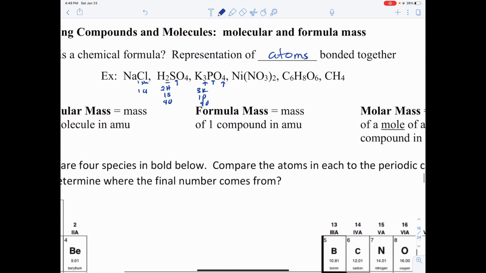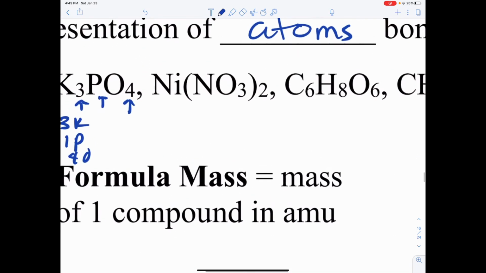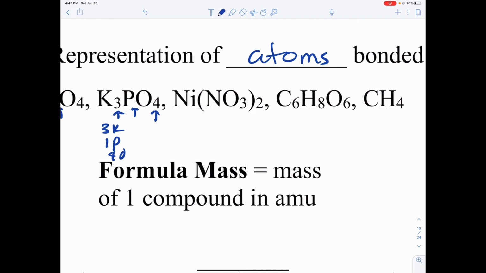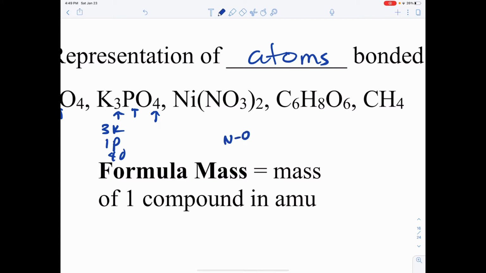Now, how do we deal with the parentheses? Parentheses kind of work like they do with everything else. So it's talking about this whole quantity of NO3. If you take that whole quantity, and there are 2 of them, I have a total of 2 N's and a total of 6 O's.